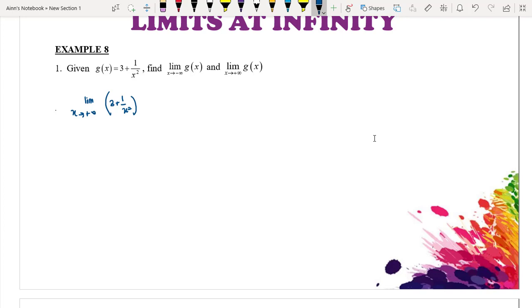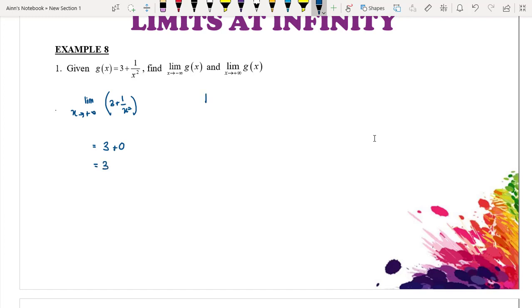Now we just substitute infinity into x. 3 is a constant, so it will stay 3. Substituting infinity into x squared, we will have 1 over infinity, which is 0. 3 plus 0 equals 3.